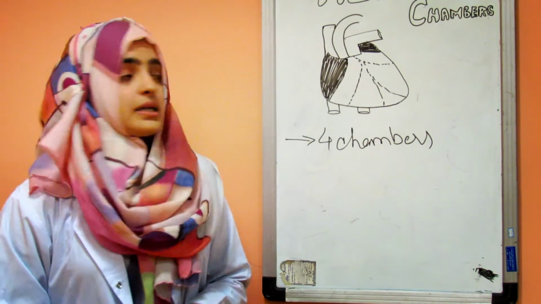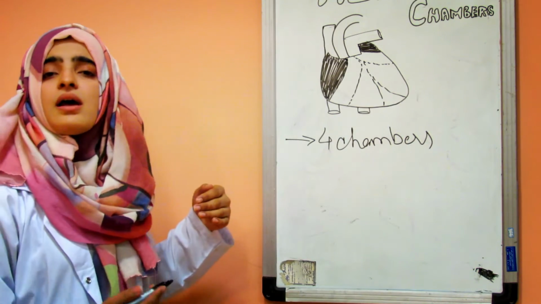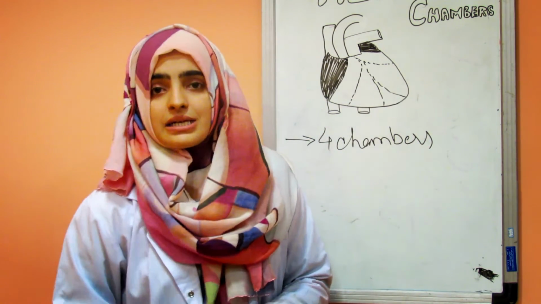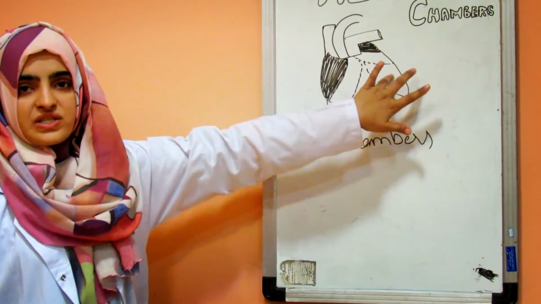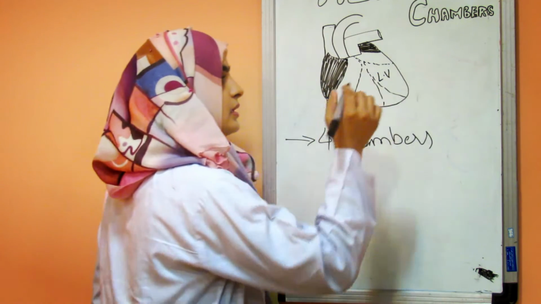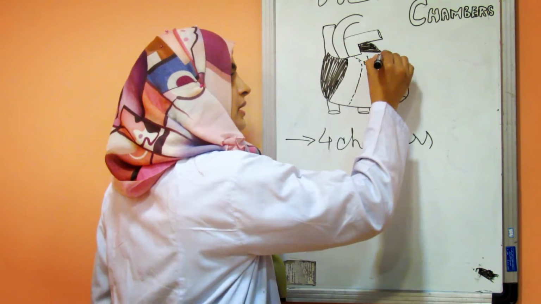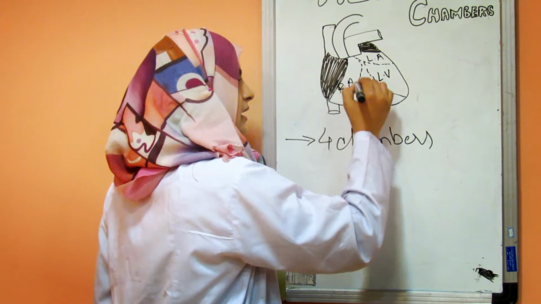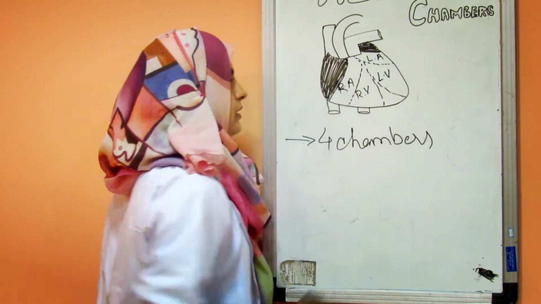The right ventricle and the right atria are on the right side, and the left atria and the left ventricle are on the left side.